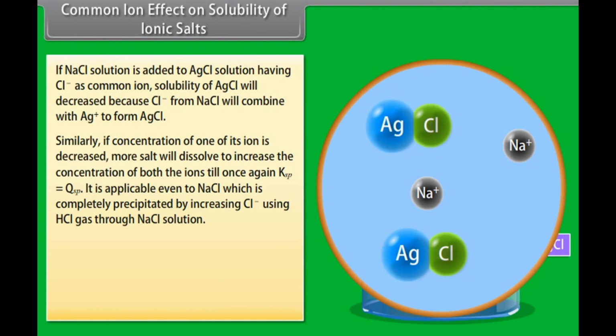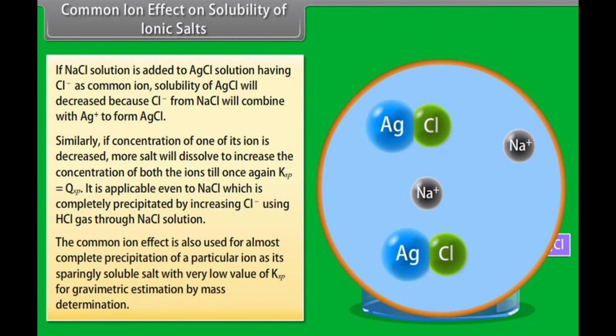Similarly, if the concentration of one of its ions is decreased, more salt will dissolve to increase the concentration of both the ions till once again Ksp is equal to Qsp. It is applicable even to NaCl, which is completely precipitated by increasing Cl- using HCl gas through NaCl solution.